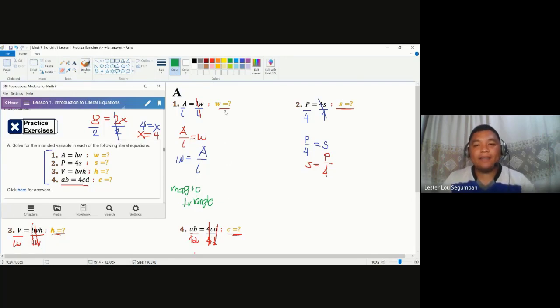As a reminder, the magic triangle is only possible for literal equations enjoying the operation of multiplication as a separator on either of the sides. If one side or both sides of the literal equation has a separator in terms of addition or subtraction, then we cannot use the magic triangle. Again, we could only use the magic triangle for literal equations similar to the items given here.